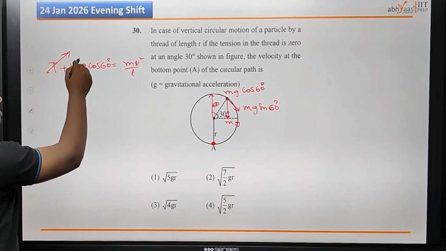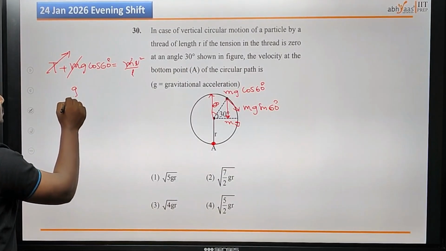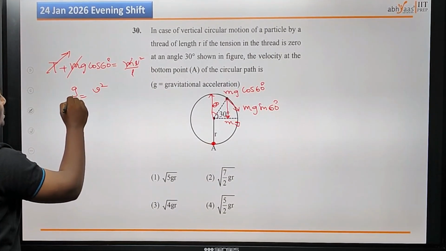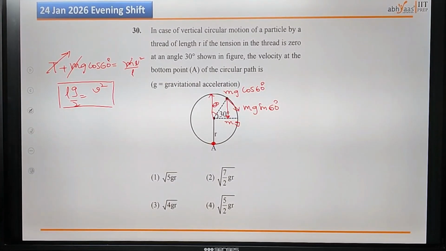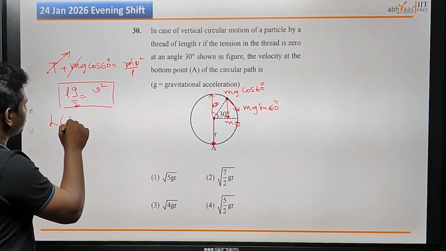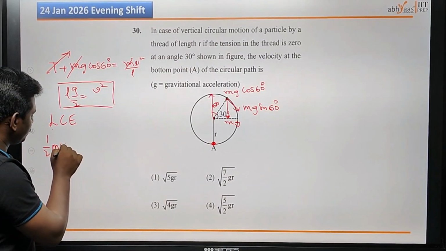So from this one, m gets cancelled and cos 60 is 1 by 2. So g by 2 equals v square by L. So v square can be written as Lg by 2.